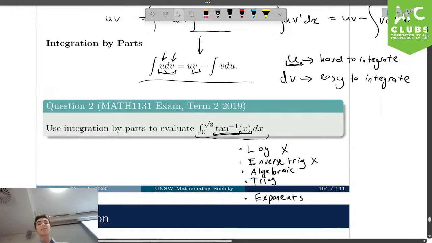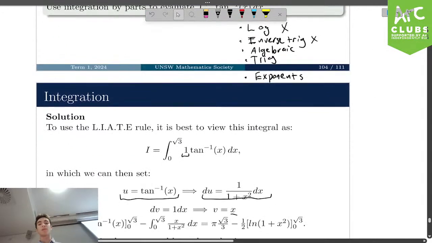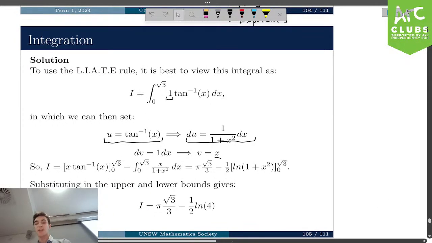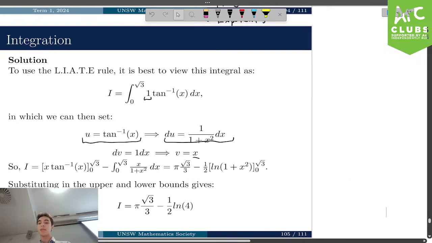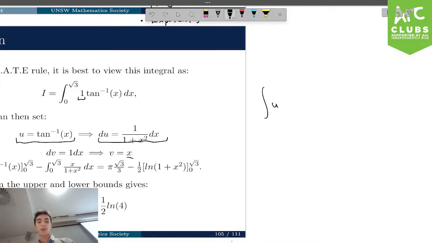And now finally, we can substitute it into our formula for integration by parts, okay? These slides do actually skip a couple steps because they evaluate it at the bounds immediately. But if we do want to substitute it in carefully, we get that the integral of u dv equals uv minus the integral of v du, okay?